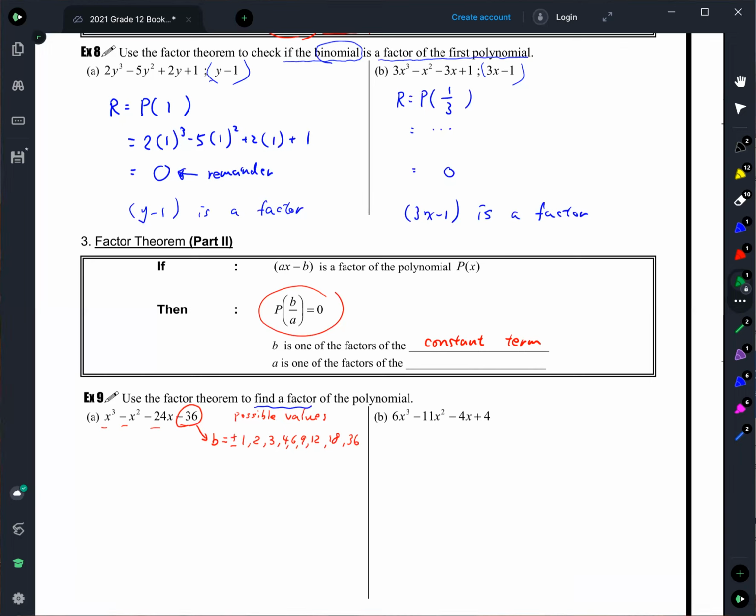And then the second part, the a will be the denominator. So a is the factors of the coefficient of the highest degree.